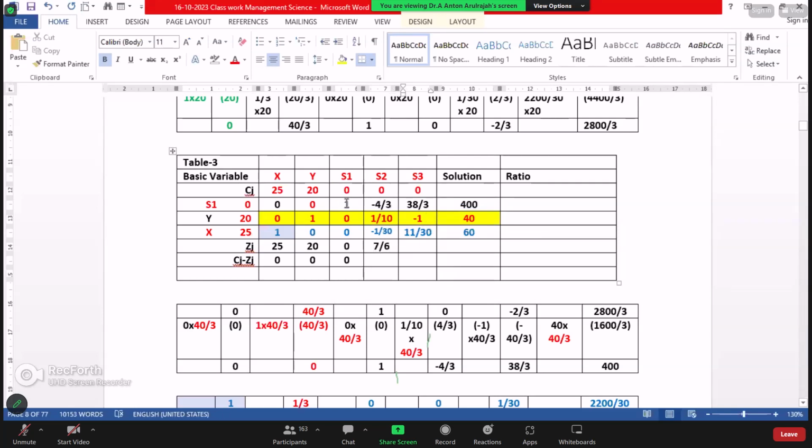Then if you look at this one, 0 multiplied by 38 by 3, 0. This is minus 20 plus minus 20 plus this is 25 into 11 by 30 plus minus 2.